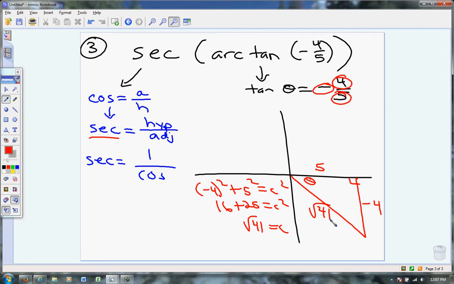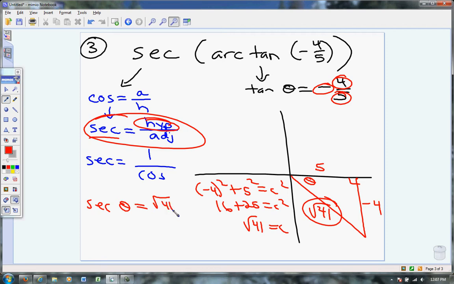So we're actually ready to finish this thing up because of this relationship right here. The secant of theta is the hypotenuse, which we found out is the square root of 41, over the adjacent side, which we said is 5. So there's your answer. All right, let's take a look at a couple word problems.